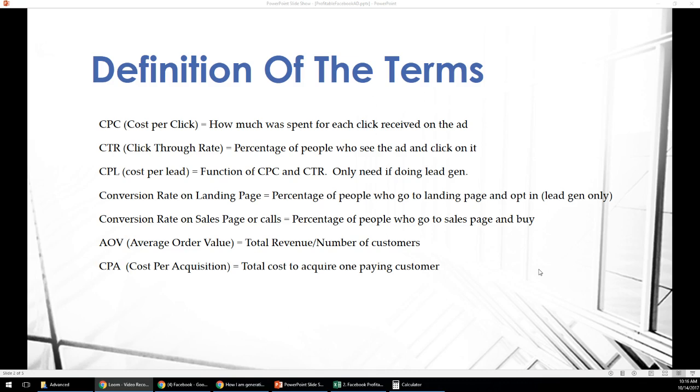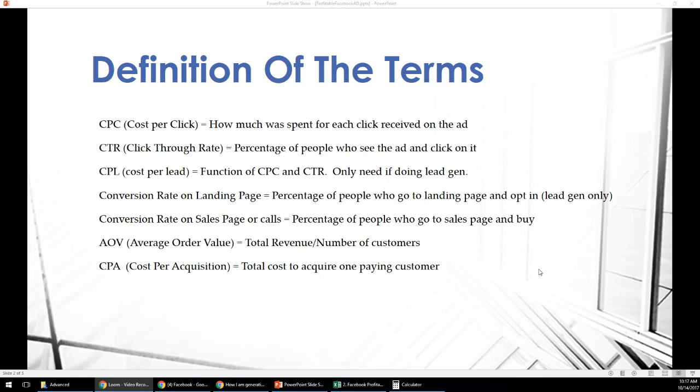Let me simplify the math here. Let's say we showed our ad to 1,000 people and 100 of them clicked on our ad. And then out of those 100, 25 opt in for something that we want to have them opt in for. That's basically what the percentage is. So out of those 100 people that have landed on our website, 25% of them opt in.